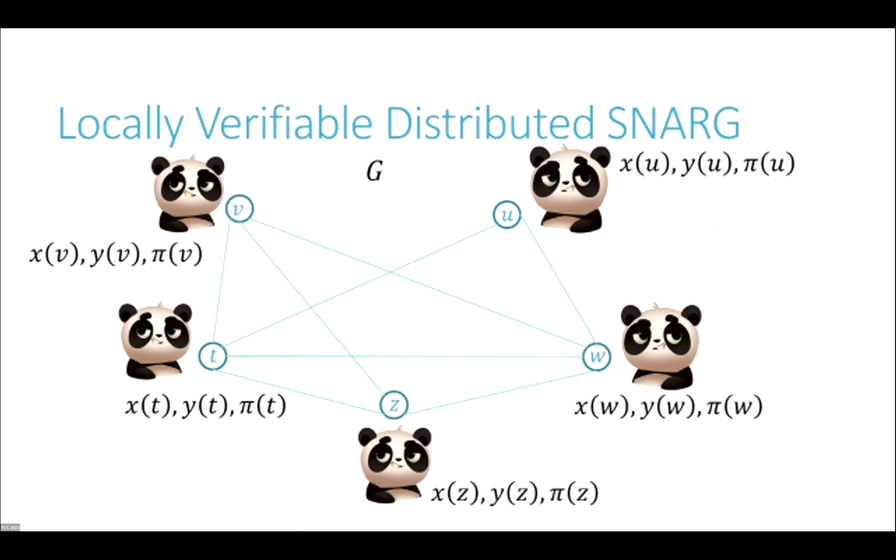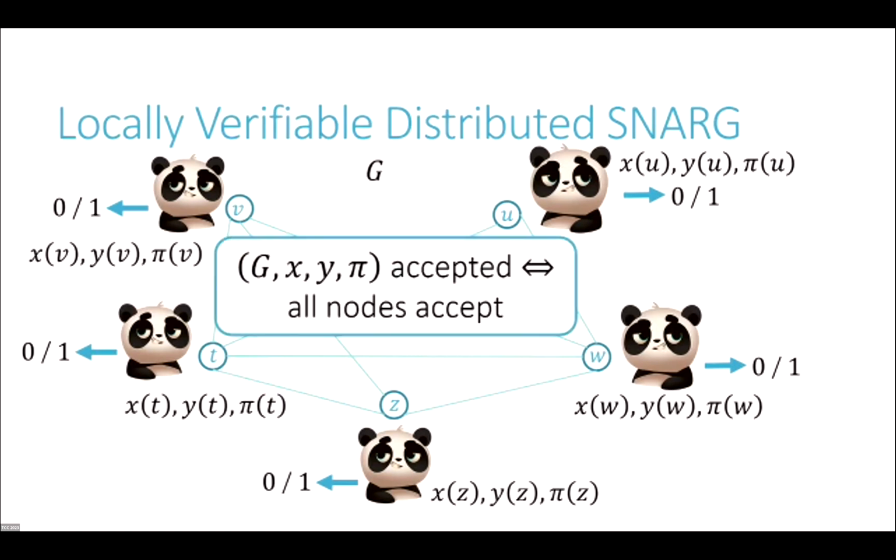So in verification, nodes are going to receive these certificates alongside the inputs and outputs, and then they are going to perform only a few communication rounds, and each node decides whether it accepts or rejects. We consider the network inputs, outputs, and certificates accepted if and only if all nodes accept.